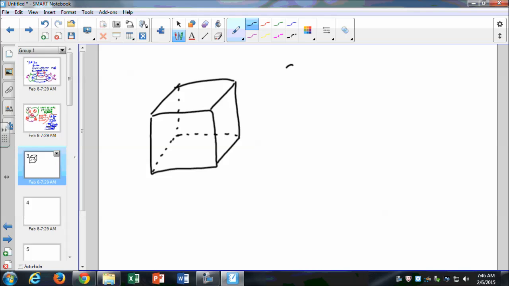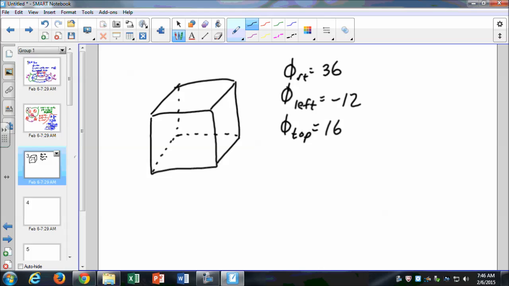I don't have my notes up for that, but we found the right, left, and top faces. The flux for the right was 36. The flux for the left was equal to minus 12, and the flux for the top was 16.